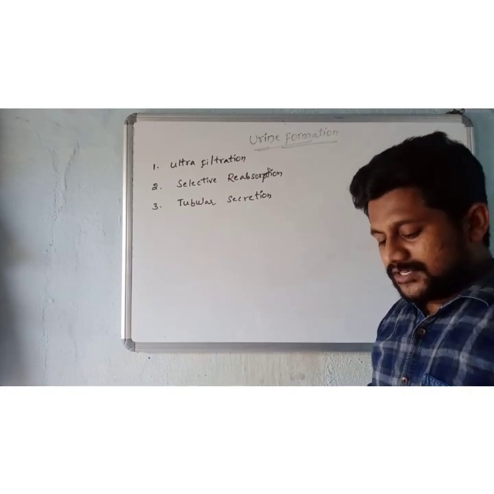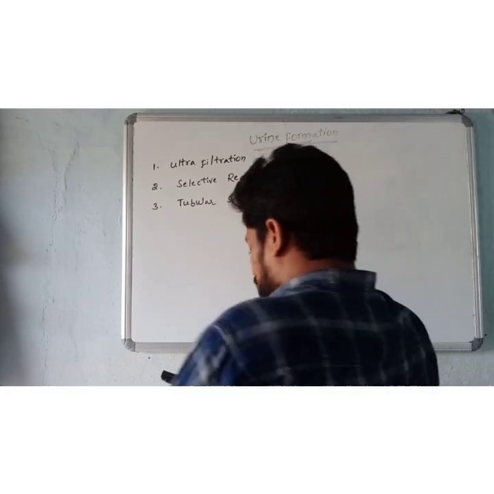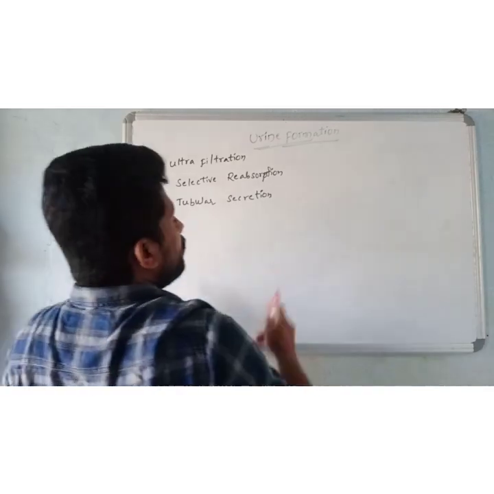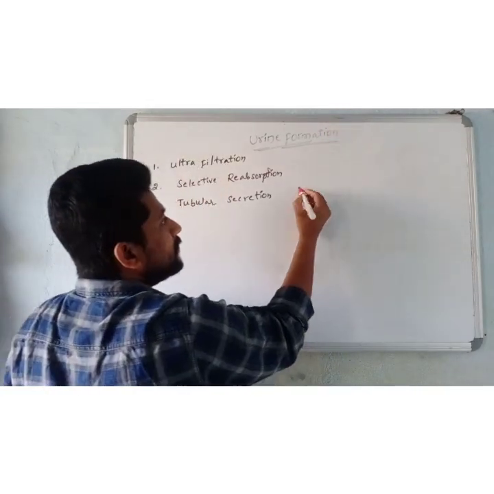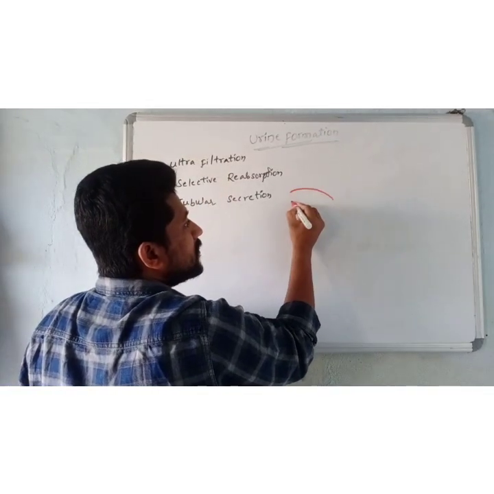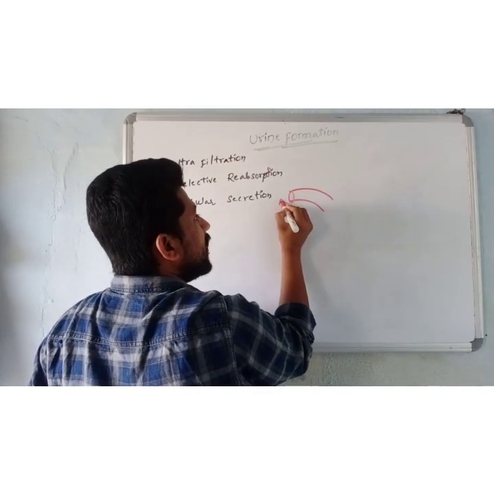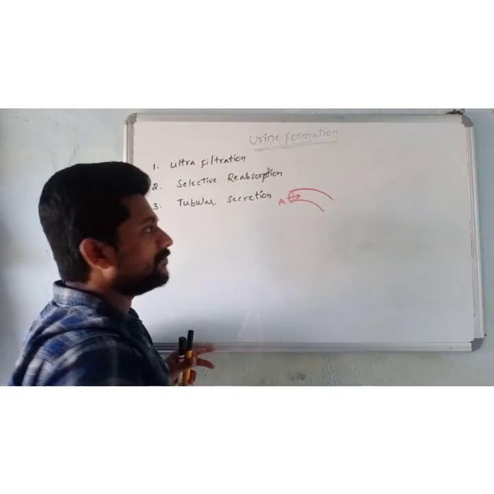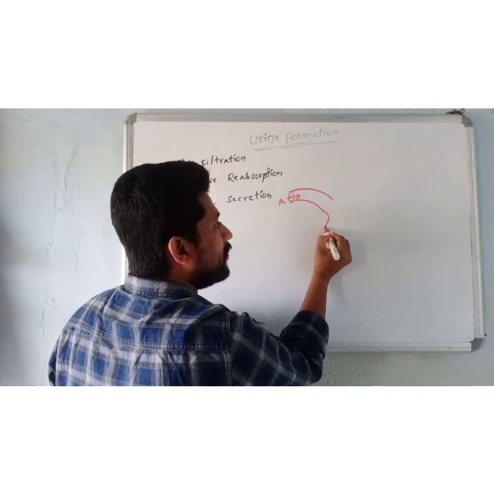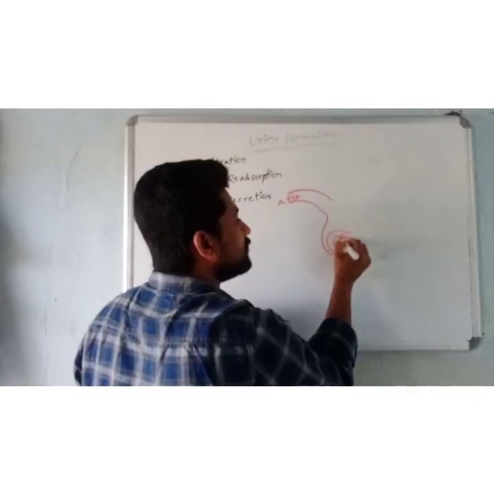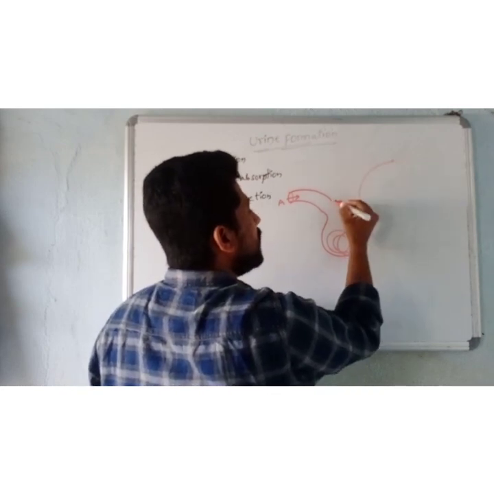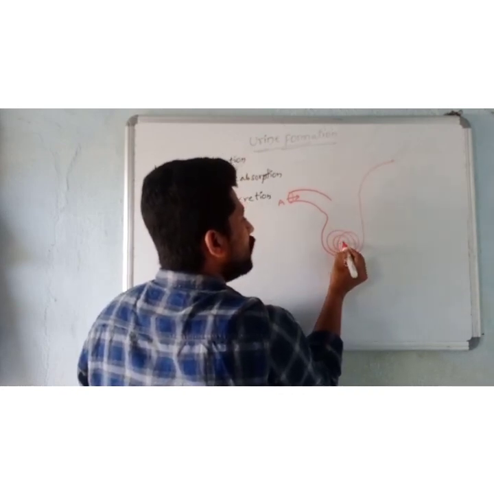In the urine formation, for example, this is our efferent arteriole, which splits into the glomerulus. This is our glomerulus.